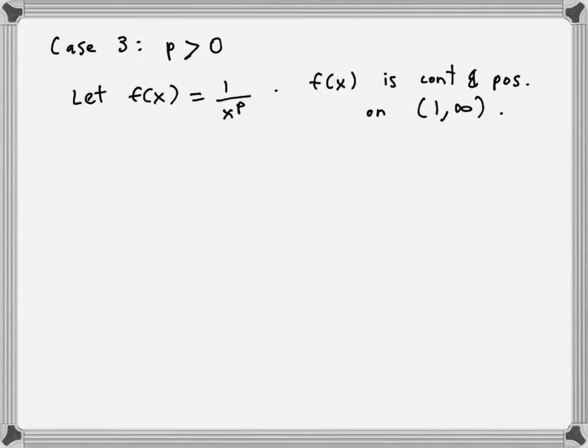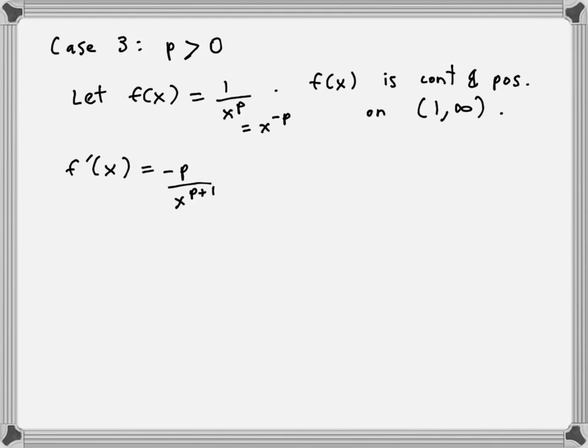Okay. What about the derivative? This is just x to the negative p, right? Its derivative is negative p over x to the p plus 1 down here.